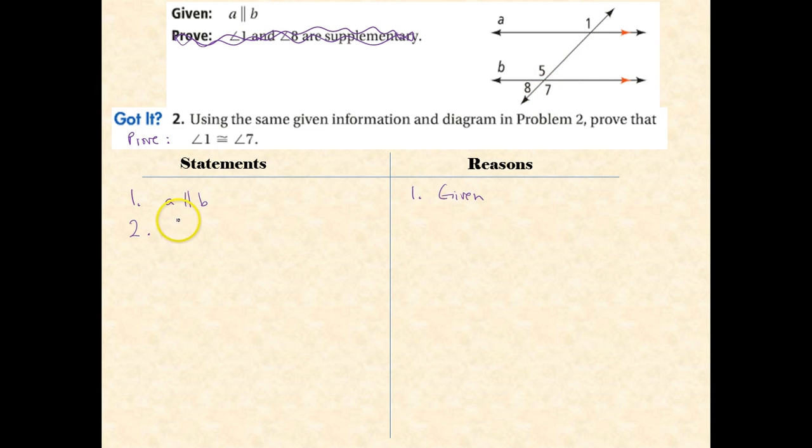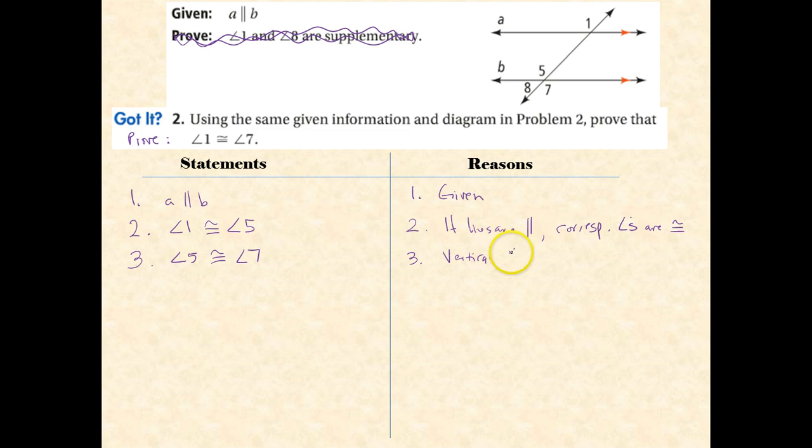So, I'm going to say angle 1 is congruent to angle 5 because if lines are parallel, then corresponding angles are congruent. And then I'm going to say that angle 5 is congruent to angle 7 because vertical angles are congruent.